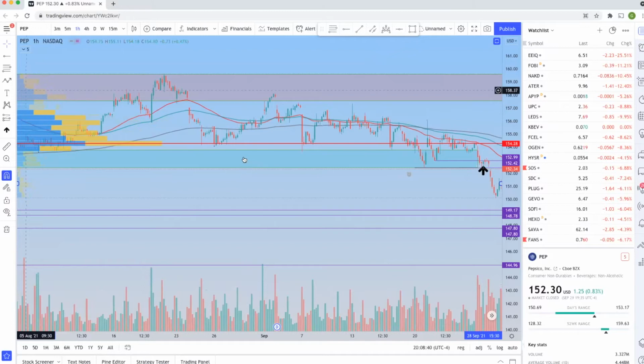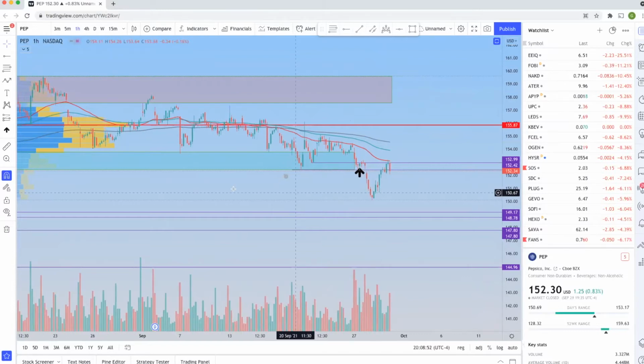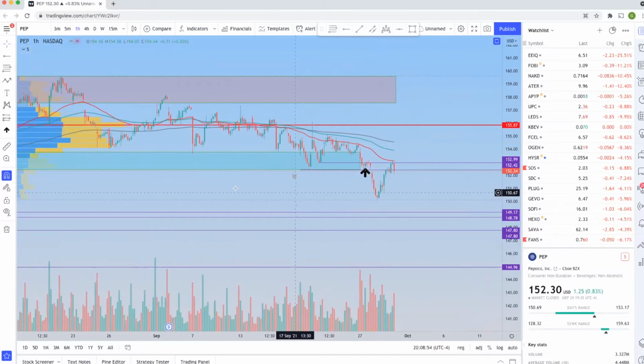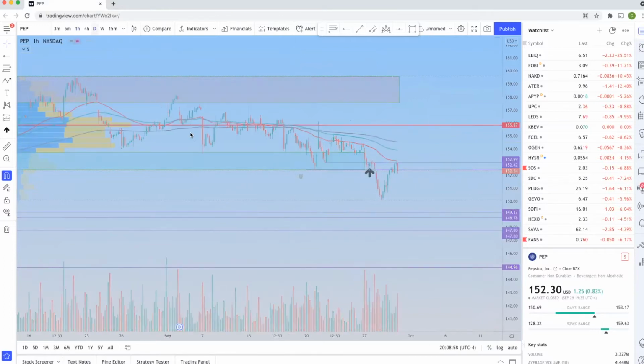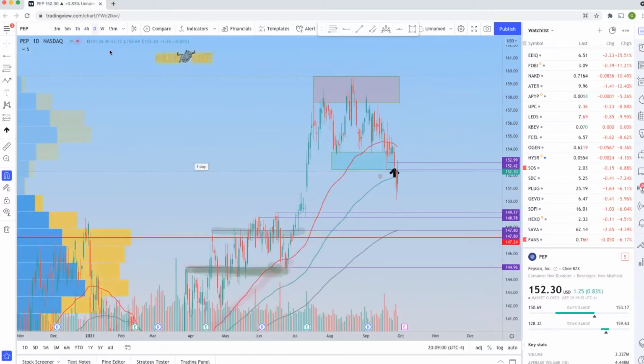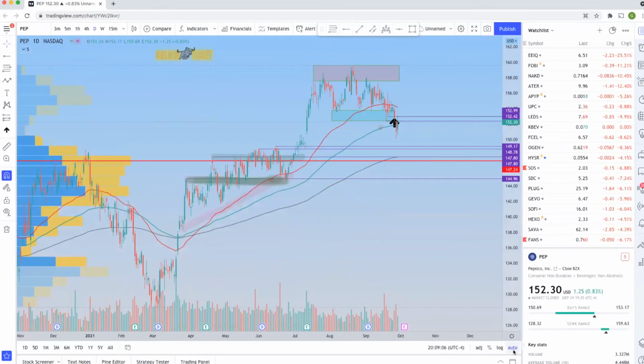But when you work with support and resistance, you basically want to know the volume per price. So that gives you a quick overview of where the volumes are. Let's do it on a daily time frame, auto.